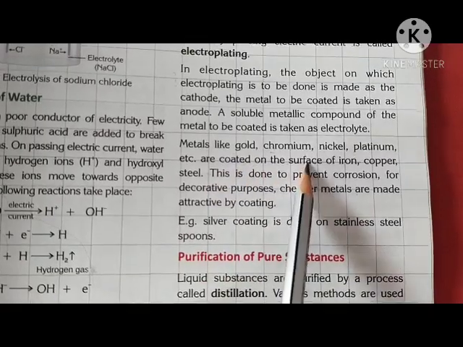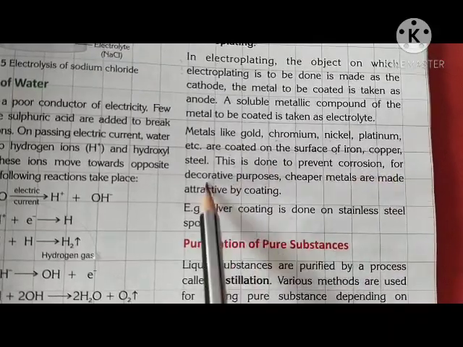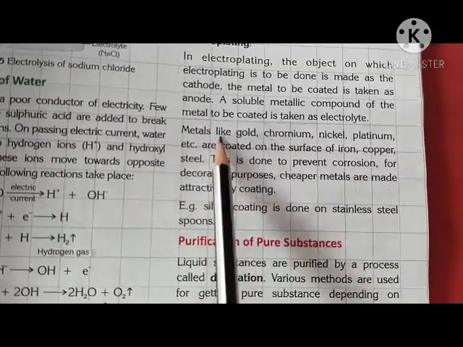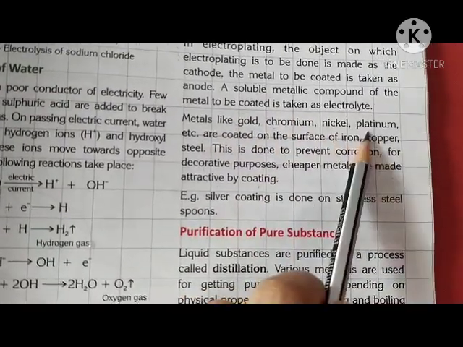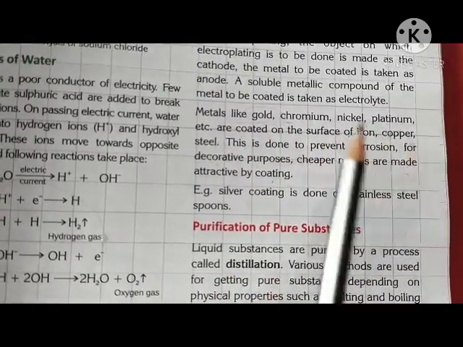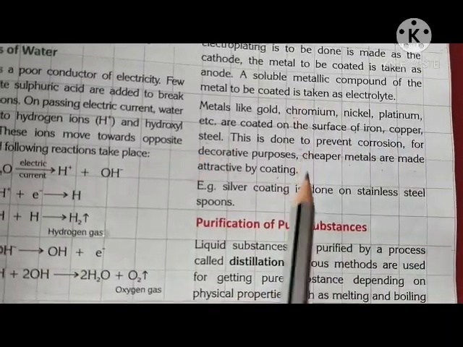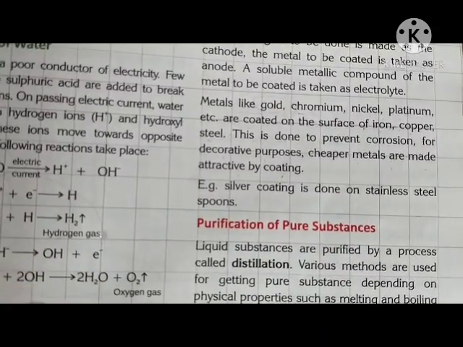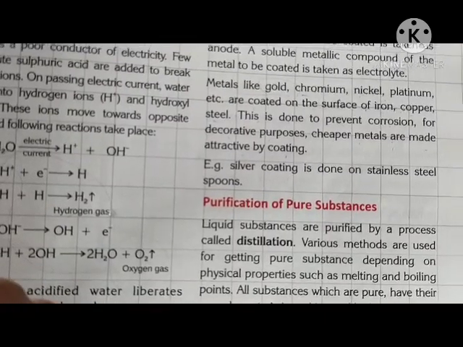Here you can see metals like gold, chromium, nickel, platinum, etc. are coated on the surface of iron, copper, steel. This is done to prevent corrosion and for decorative purposes. Cheaper metals are made attractive by coating. Means the metals like gold, chromium, nickel, platinum, etc. are used for coating over another metal like iron, copper and steel, because if they are coated on their surface, the metal becomes less reactive and also more attractive.